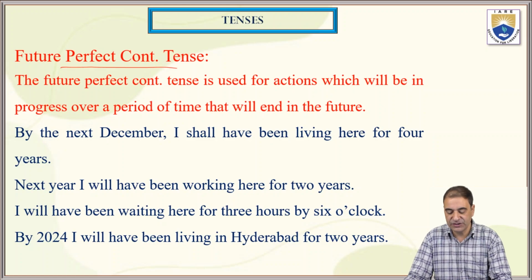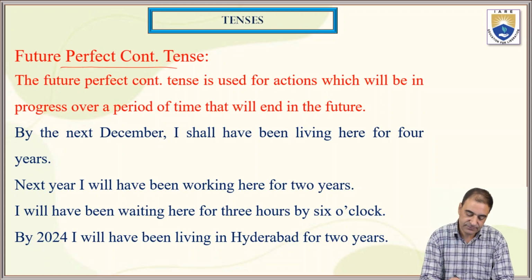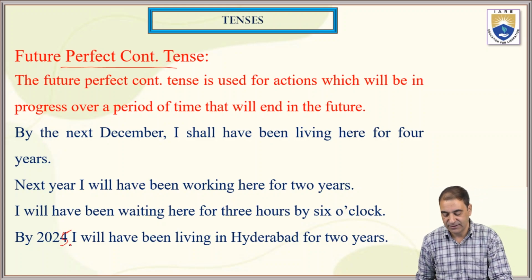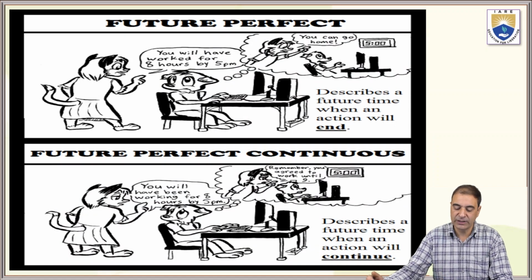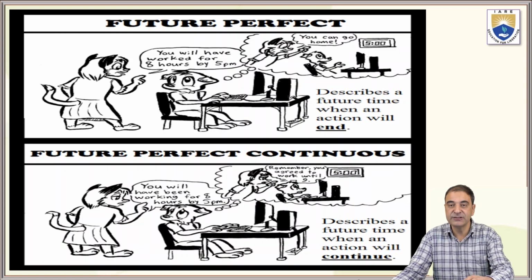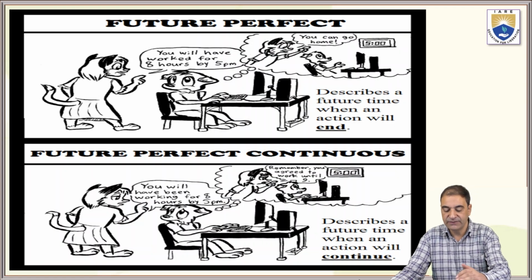I will have been waiting here for 3 hours by 6 o'clock. Or by 2025, I will have been living in Hyderabad for 2 years. Like here from this picture, you can see the difference between the future perfect and future perfect continuous tense.